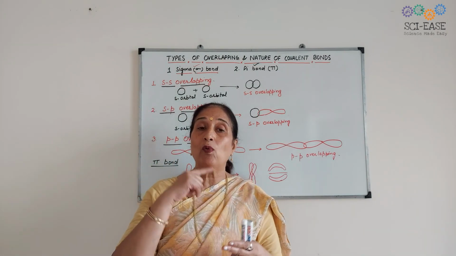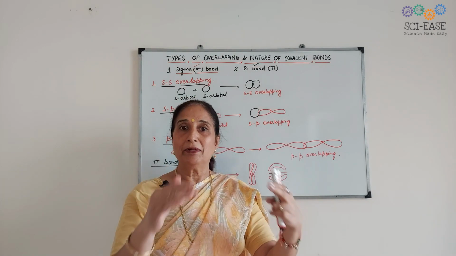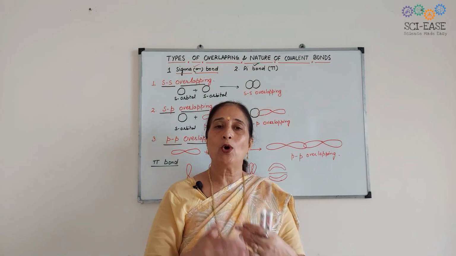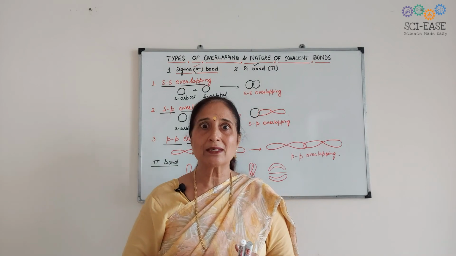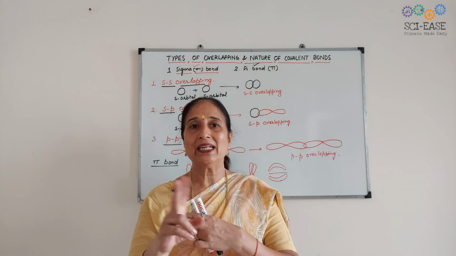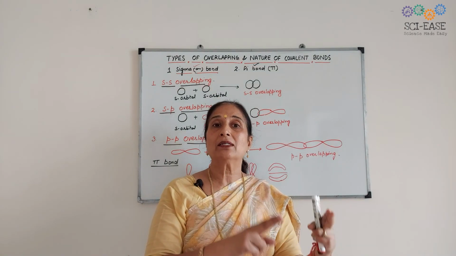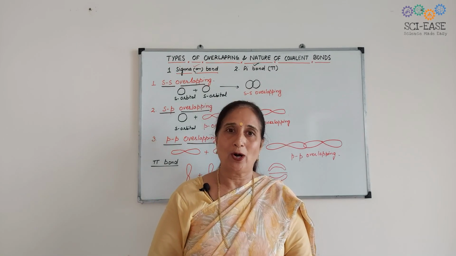There must be one sigma bond between the atoms of the molecule, and pi bonds will be in addition to that. So this question is important: what is sigma bond, what is pi bond, write the difference between the two, and which among these two is the stronger bond.